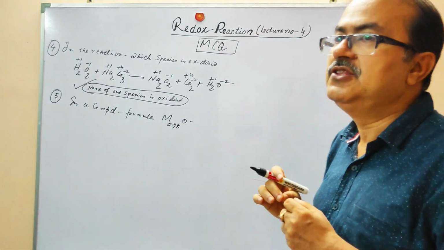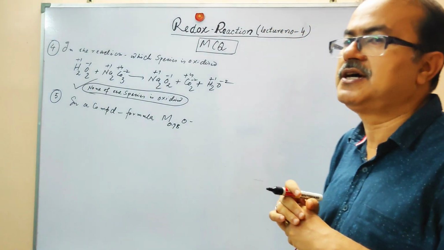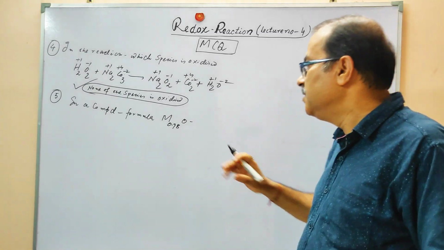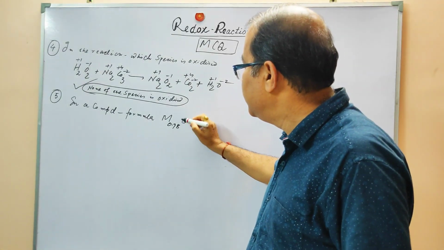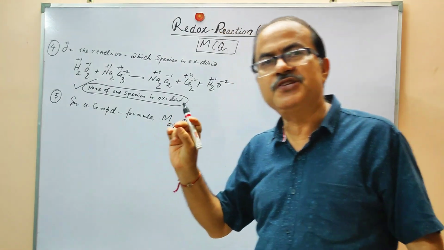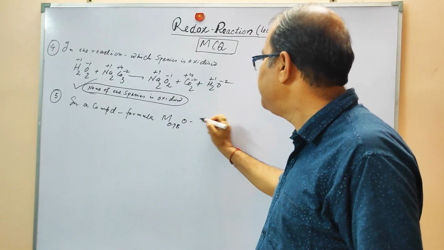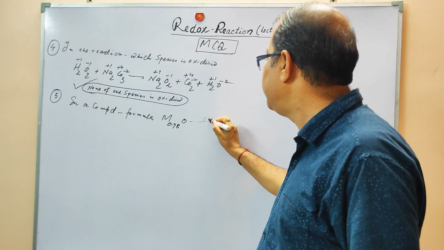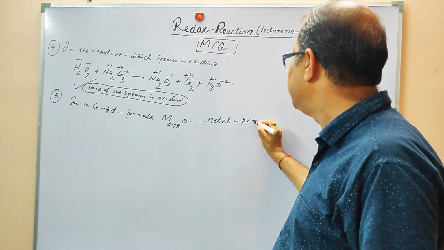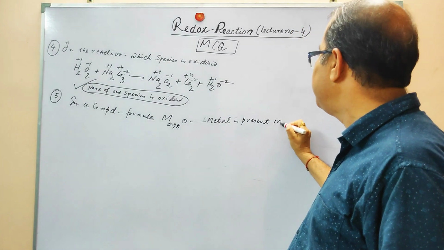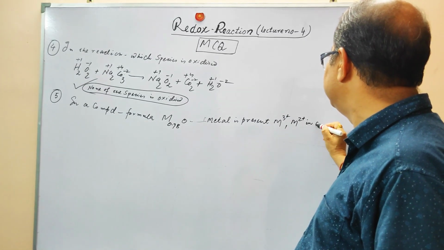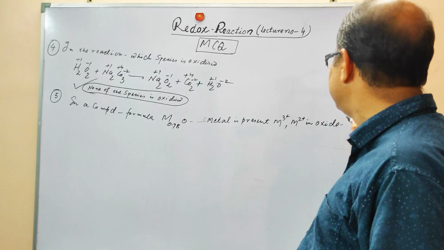This is basically an imperfection in the solid that we will discuss when we go to the solid state chapter. So why is it 0.98? Because this metal is present in M3+ and M2+ forms in the oxide.